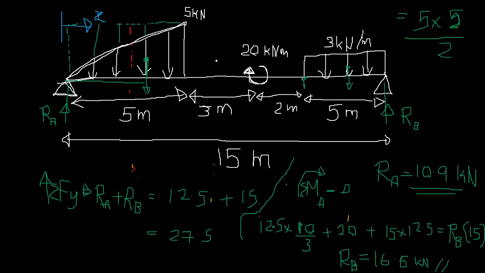So now I need to consider this half, because if I go from here to here, nothing happens. So I can take, but it's different from here, right? Here, if you go from here to here, the same intensity. So that's why I consider one point between these two, this length, right? So from here, this load is not there, right?